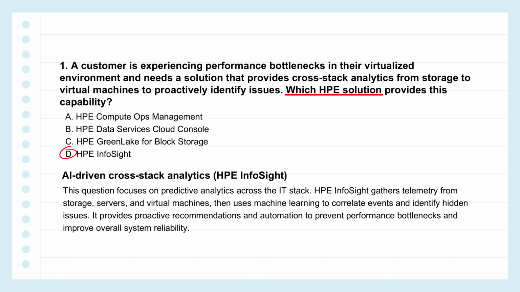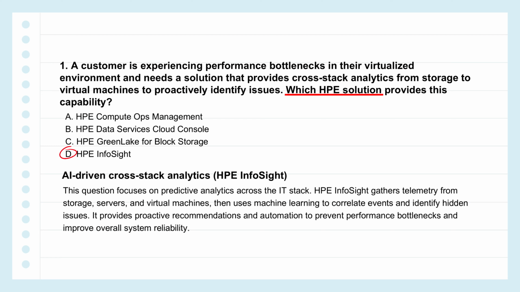Okay. This question is entirely about testing your knowledge of predictive analytics within the HPE ecosystem. To understand why InfoSight is the answer, you really have to understand the mechanism of cross-stack analytics. Right, breaking down those silos. Exactly. In a traditional setup, you have one tool monitoring your virtual machines, a different tool looking at your network switches, and a third tool looking at your storage arrays.